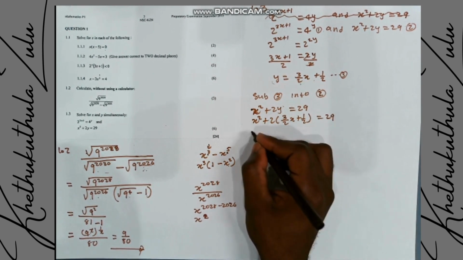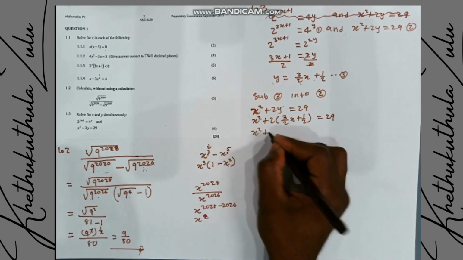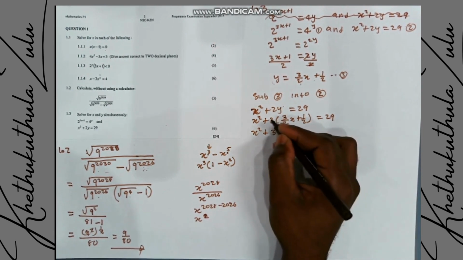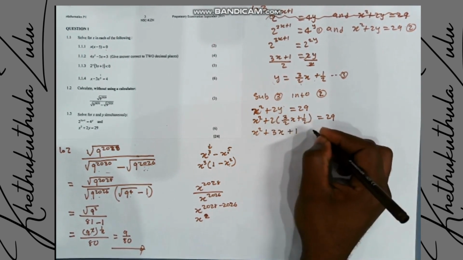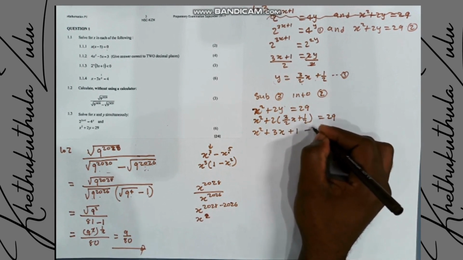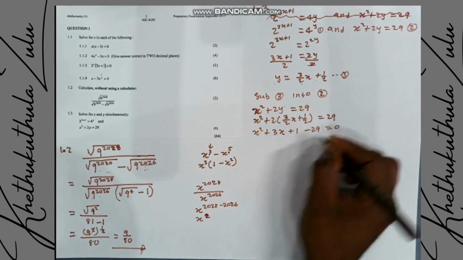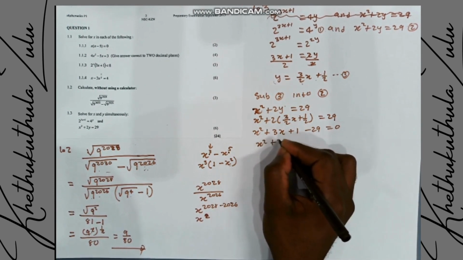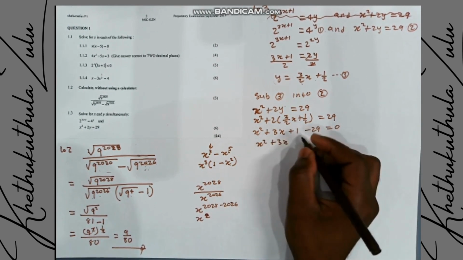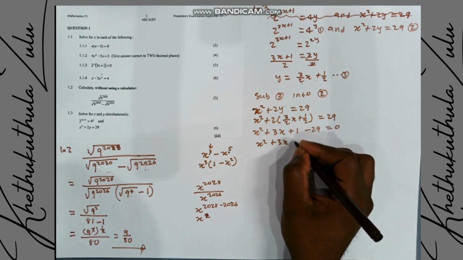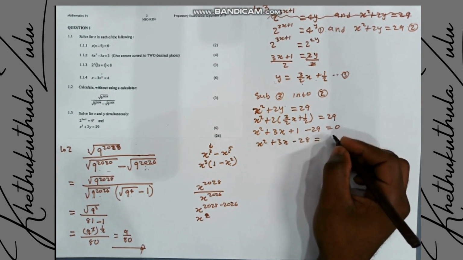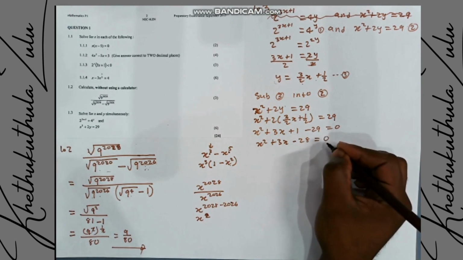And then we have x squared plus this times this is just 3x, this times this is just plus 1. Take 29 to the other side, minus 29 is equal to 0. So we have x squared plus 3x, 1 minus 29 is just minus 28, is equal to 0.